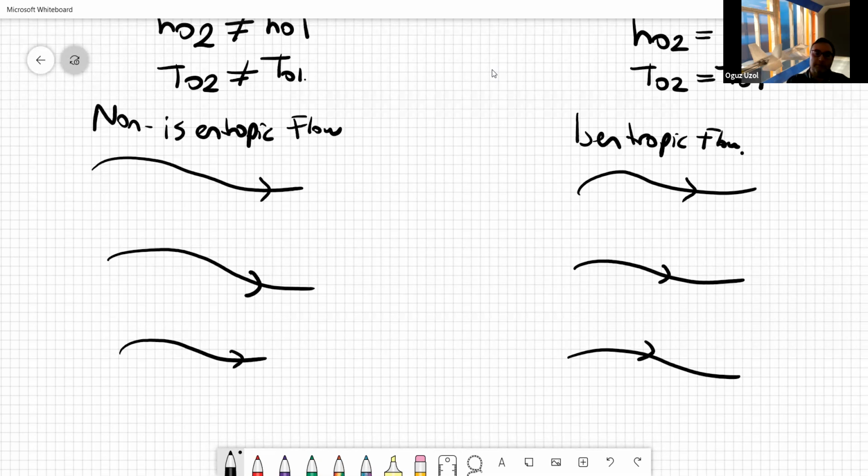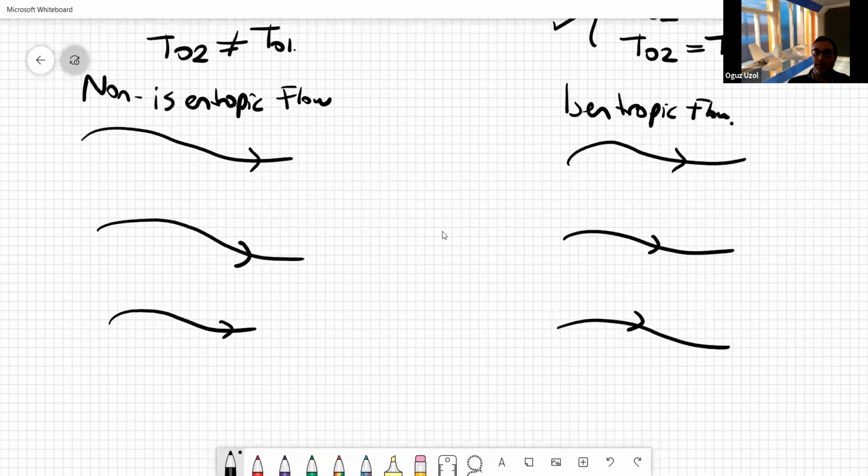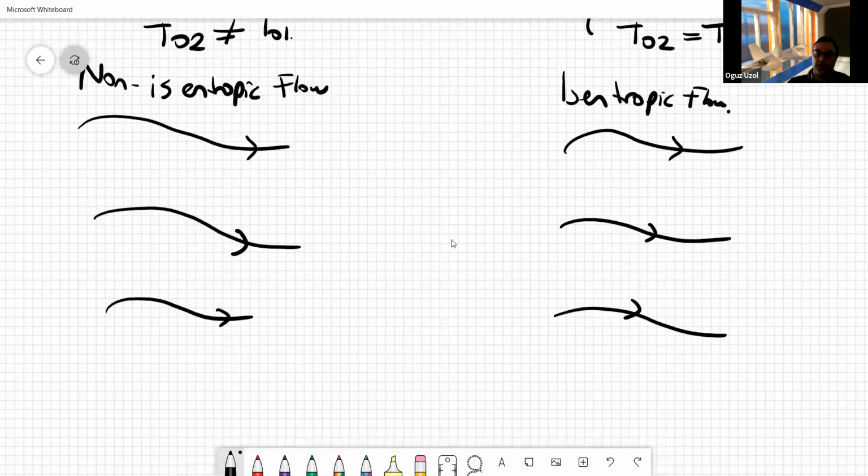Now, let's start with the isentropic case. Isentropic case involves being adiabatic. So first of all, this must be satisfied: T02 cannot change. But the reversibility condition impacts the other important stagnation quantity, which is the stagnation pressure.